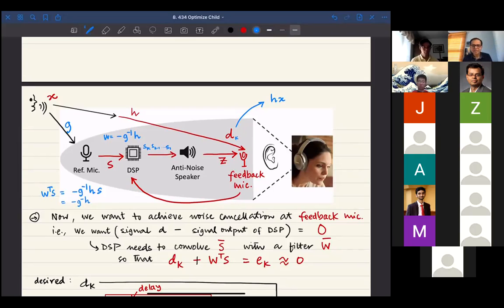With respect to X. D is Hx, or we should say H convolved with X. Agree? So what is S? What convolved with X? Is it G convolved with X? G convolved with X.